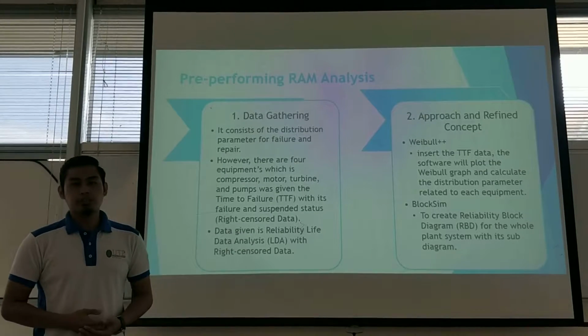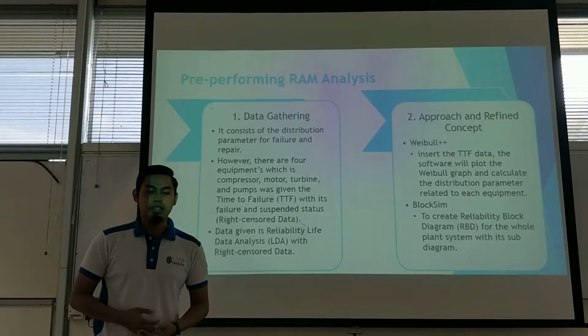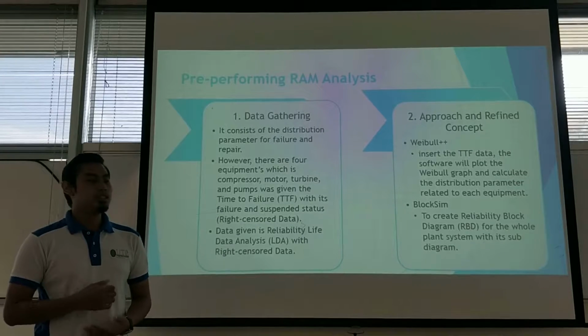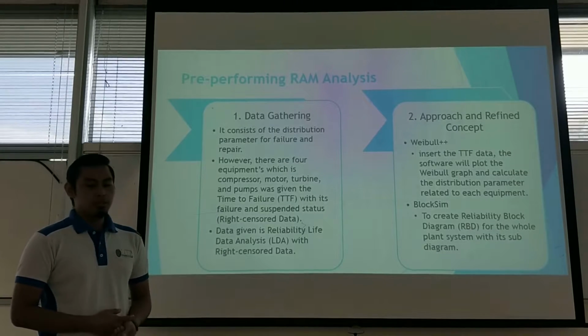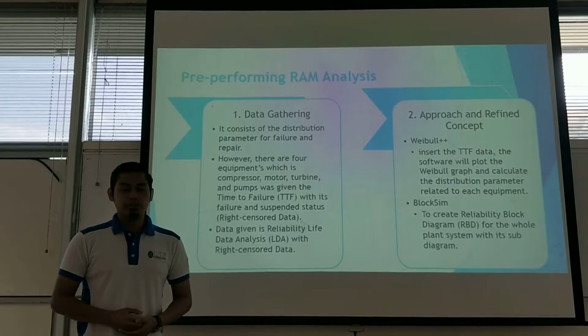So it is assumed that the data given is the reliability life data analysis, LDA, with right censored data because of the suspended status. So next, we go to the approach and refine concept.